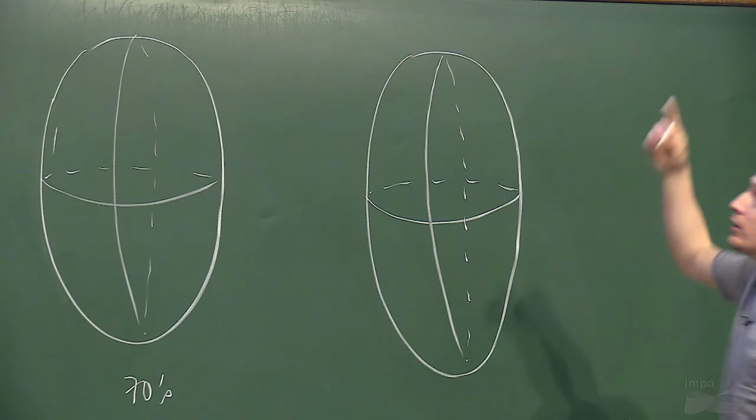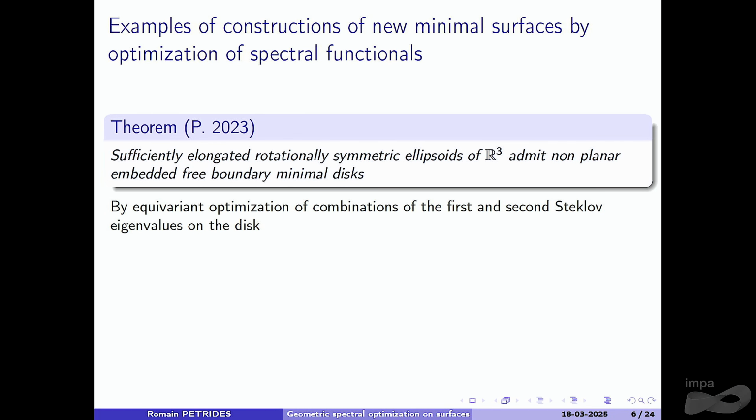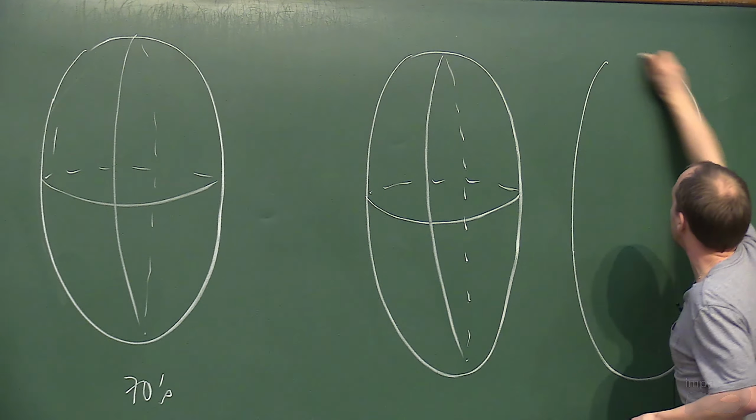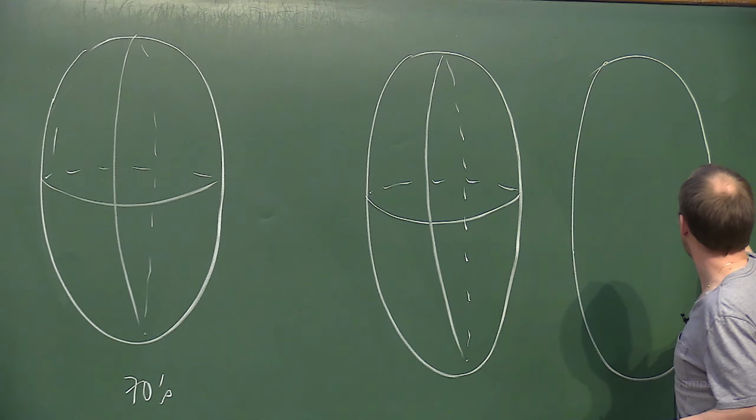And this result can be proved by a spectral optimization. In this case, you use that the critical metrics associated to combinations of eigenvalues are minimal surfaces into ellipsoids. So here it's by maximization of the first and second Steklov eigenvalues. It's equivalent optimization for the same reasons as Misha told you yesterday, in order to have embeddedness. And the surfaces I constructed resemble something like this.